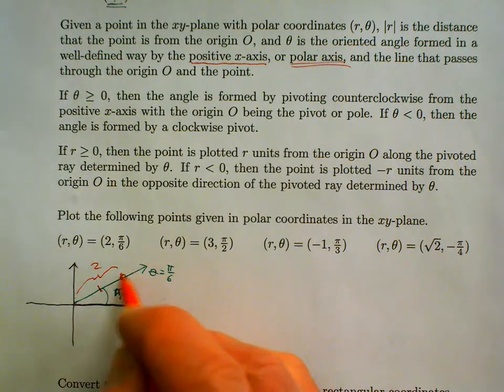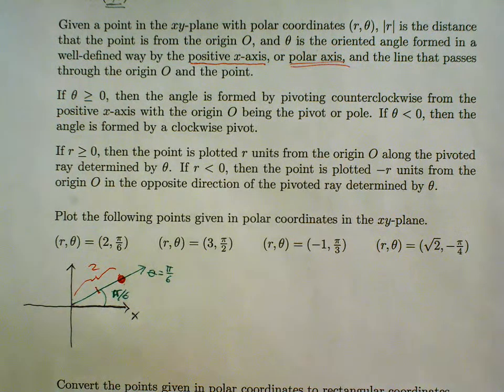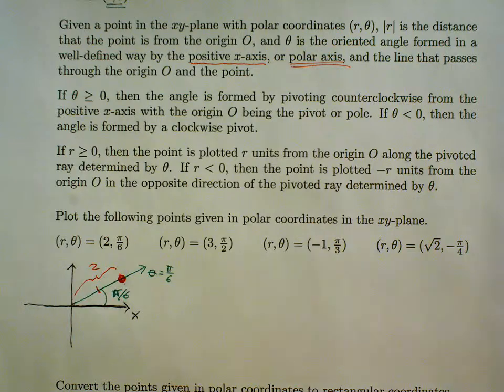And so the polar coordinates of this point are (2, pi/6).